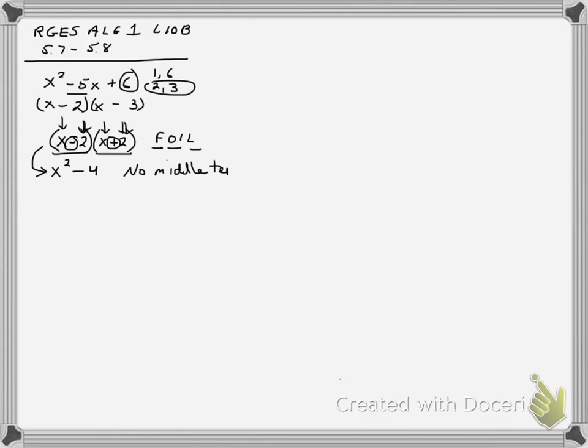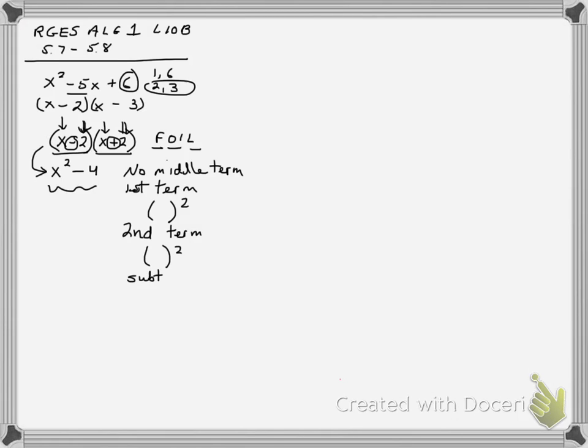There's no middle term. The second thing I could say is the first term, the x squared, is something squared. The next thing I could say is that the second term, my 4, is something squared. And the last thing I could say about this expression is that it is a subtraction.